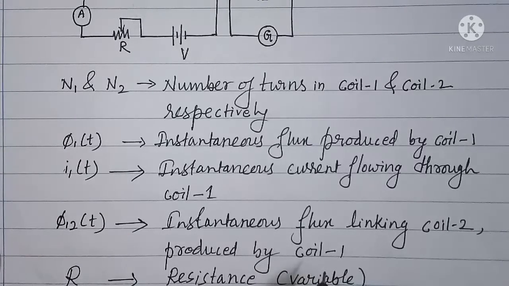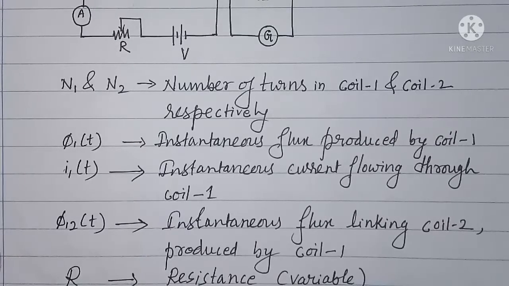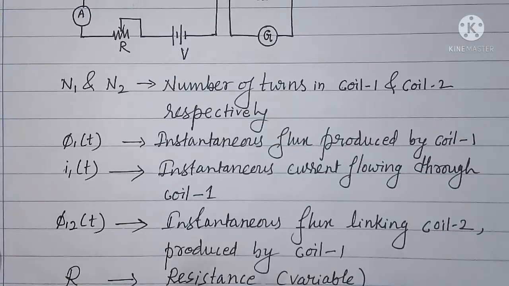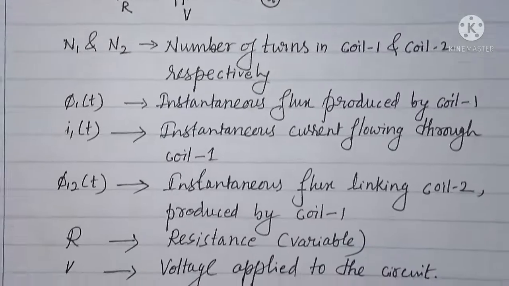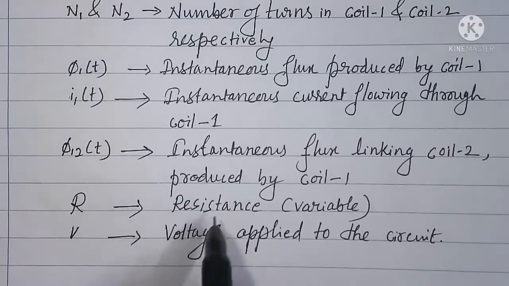Remember here, all the flux produced by coil 1 may be linking coil 2, or all the flux may not be linking coil 2. Only part of the flux produced by coil 1 may be linking coil 2. So here we are calling the flux produced by coil 1, its part which is linking with coil 2, as phi 12 of t. R is resistance variable.